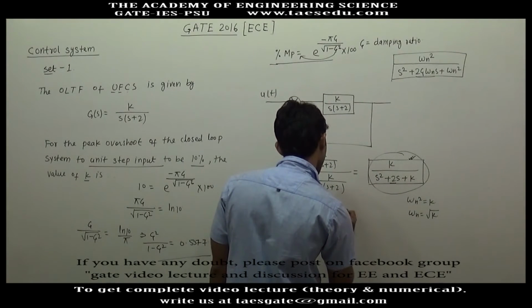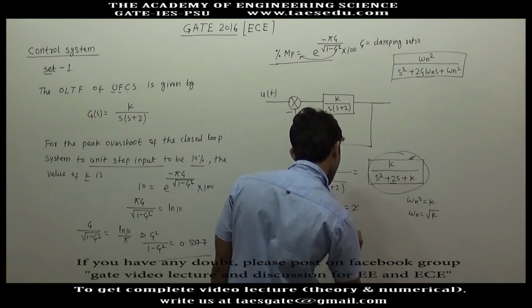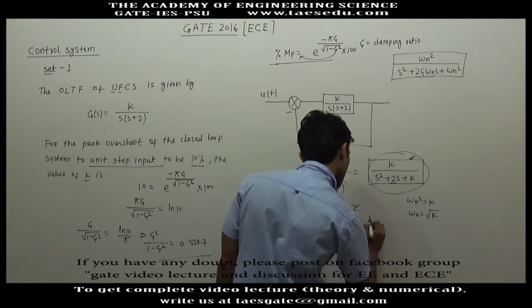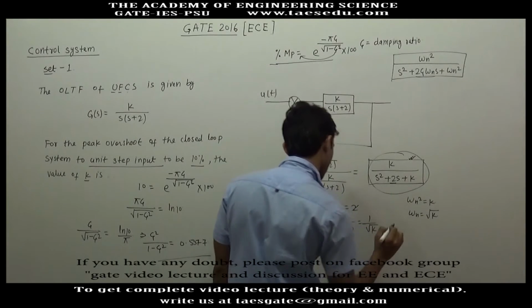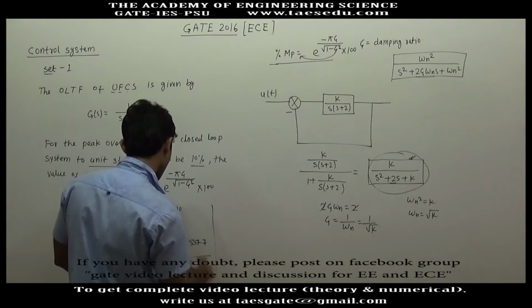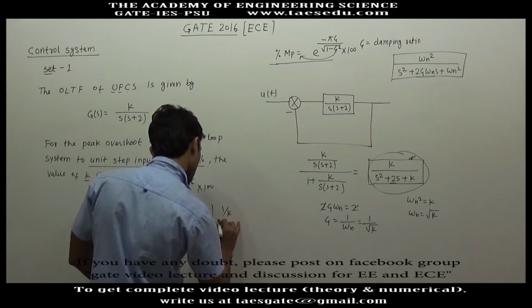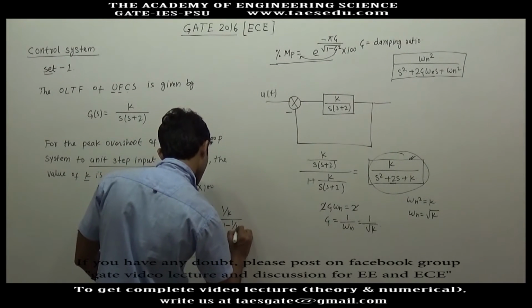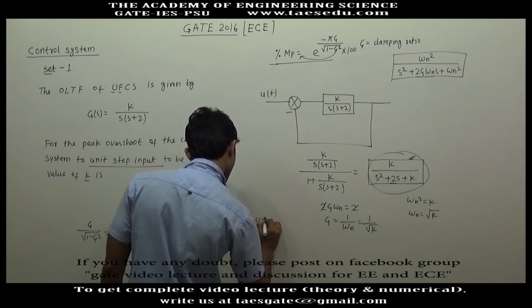So zeta equal to 1 upon omega n, that is 1 upon root k. So zeta square will be 1 upon k. Here zeta square divided by 1 minus zeta square will be (1 upon k) divided by (1 minus 1 upon k). This is equal to 0.5377.